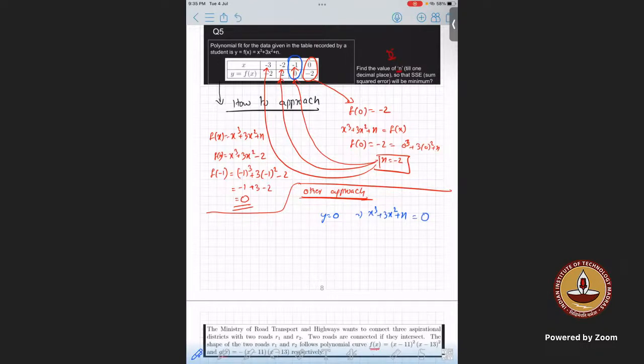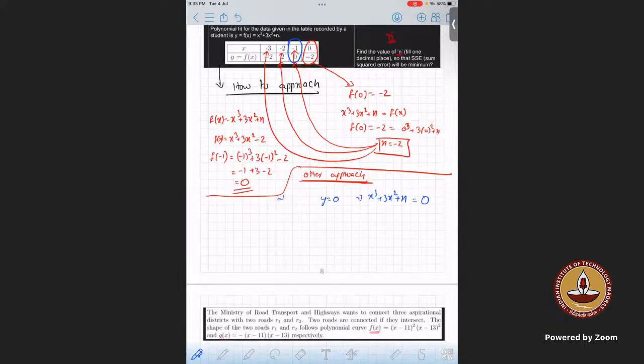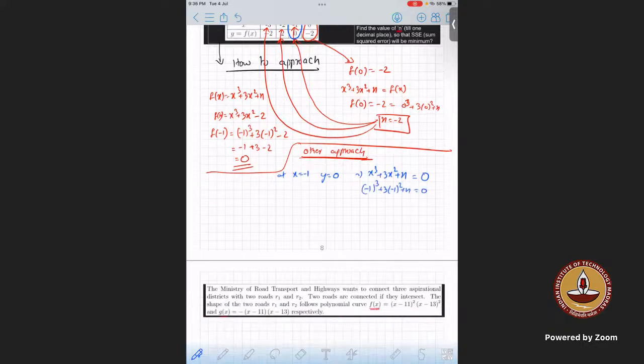Now they have clearly given at x equal to minus 1: minus 1 whole cube plus 3 into minus 1 whole square plus n equal to 0. Minus 1 plus 3 plus n equal to 0, same, n equal to minus 2. You got n equal to minus 2. Are you able to understand this?